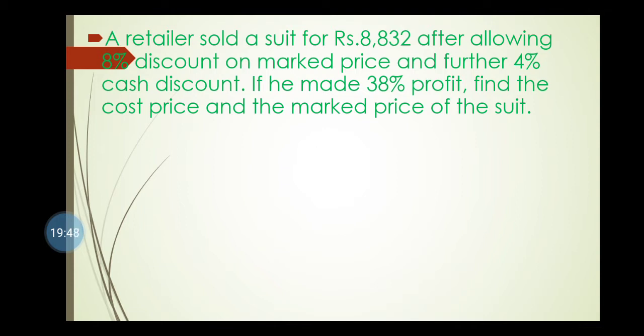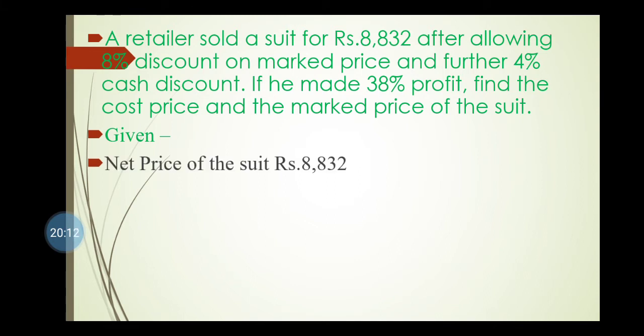The second one is 4%, which is cash discount. And after paying this discount also, the retailer gets a profit of 38%. So we have to find the cost price and the mark price.